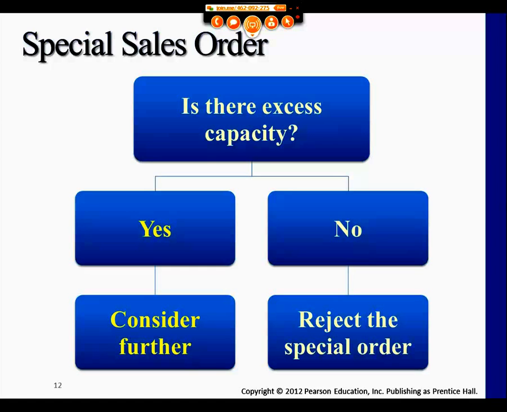Are they going to go with the regular sales price, or what would they do if the business is going to its capacity? It wouldn't make sense, right? Okay, so it would not make sense to fill that special order at a reduced sales price. So they will reject the special order.